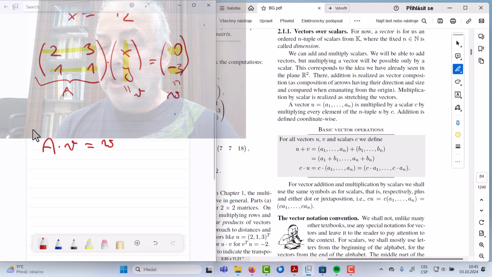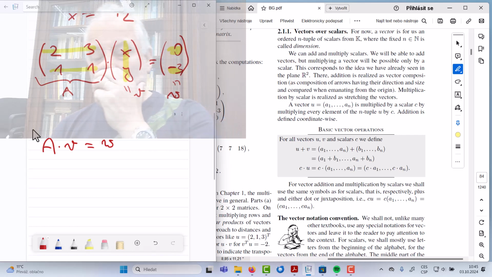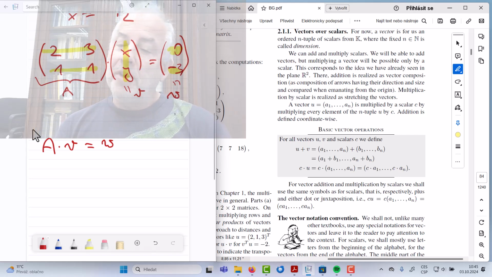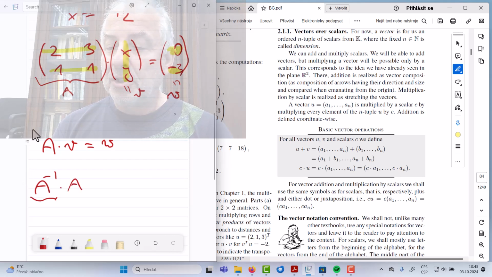So we would like to have another matrix which would have the property that if we multiply with the matrix, I will call it also A minus 1 times A, this should be the unit matrix. So the 1 and 1 on diagonals and 0 elsewhere, and this will be then A times V, and this will be A minus 1 times W, right?